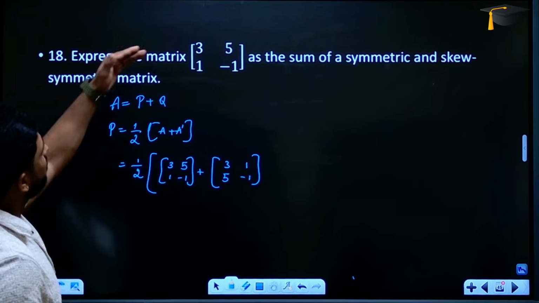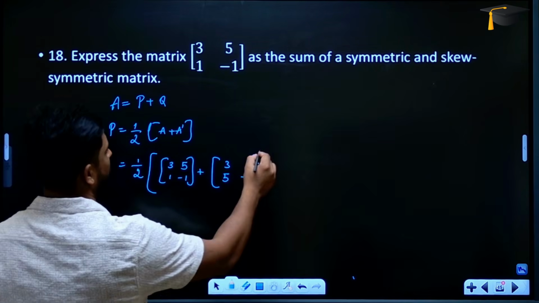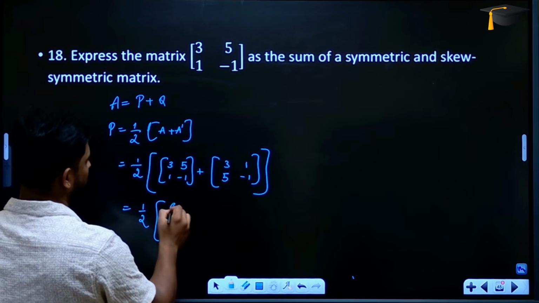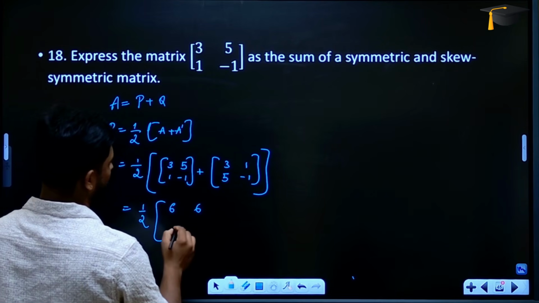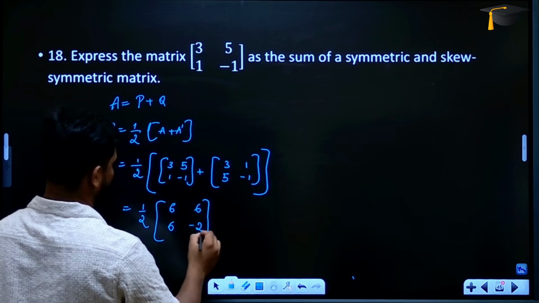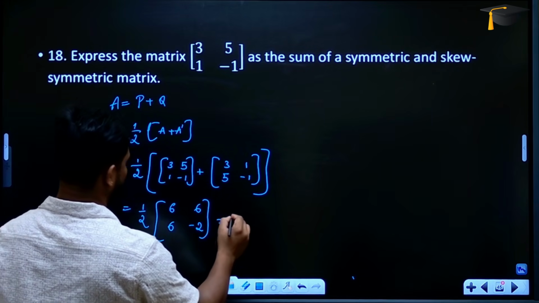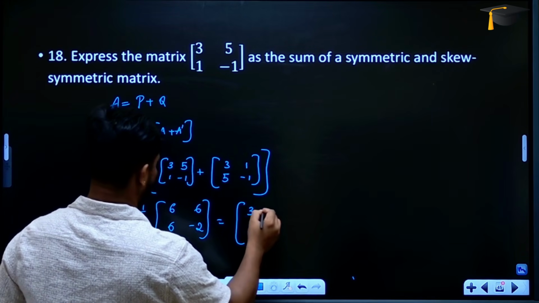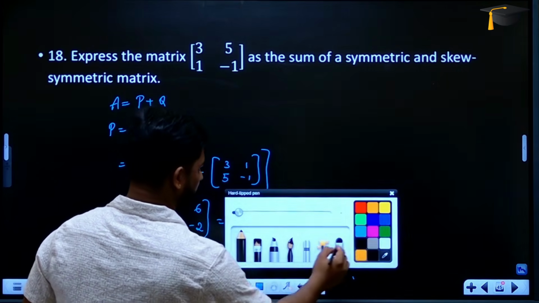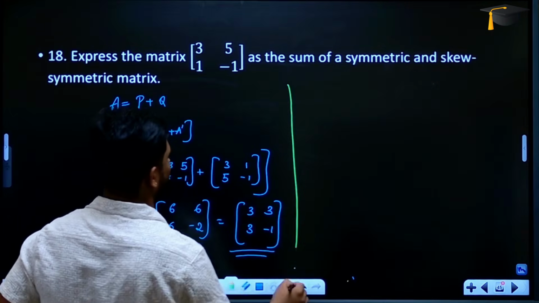Correct? So it is 1 by 2 of, 3 plus 3 is 6, 5 plus 1 is 6, 1 plus 5 is 6, so minus 2. So that gives 3, 3, 3 minus 1. So this is P.